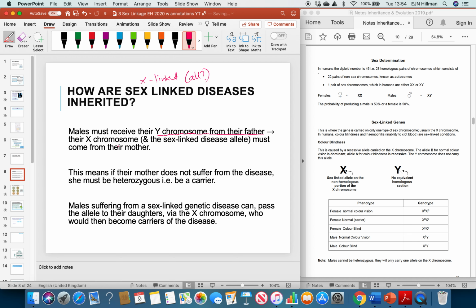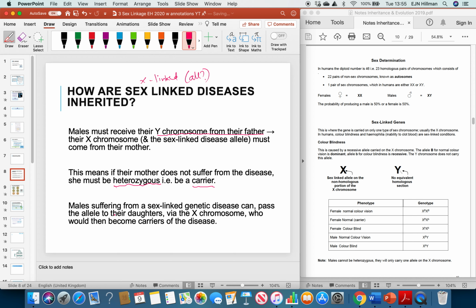Their X chromosome and the sex-linked disease allele, therefore, must come from the mother. This means that if the mother does not suffer from the disease, but a male offspring shows the phenotype of that disease, they must have received it from a heterozygous mother, or a carrier.